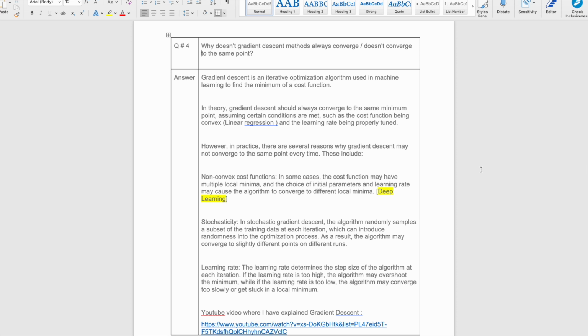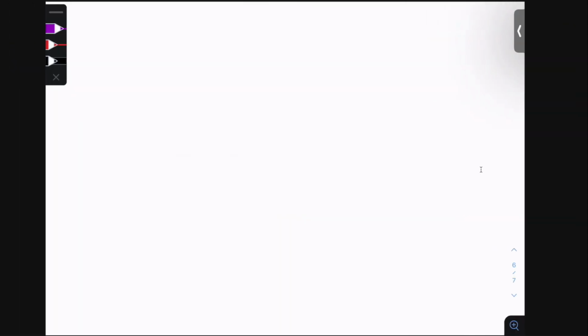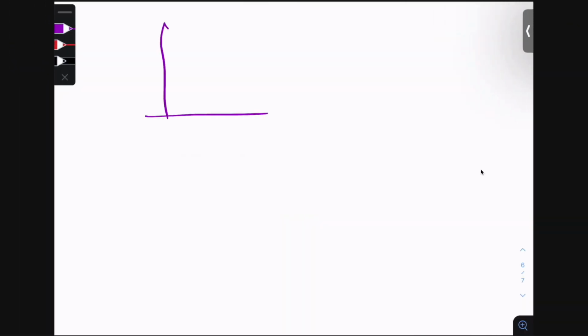So friends, you have to understand that gradient descent will always find the global minima in the case of a function which is convex in nature. It's a ball-shaped function, called a convex function.